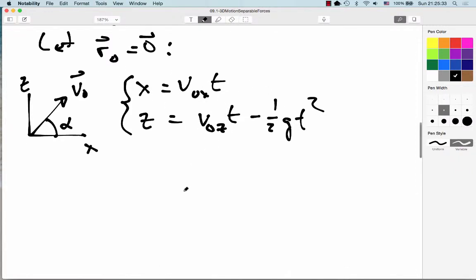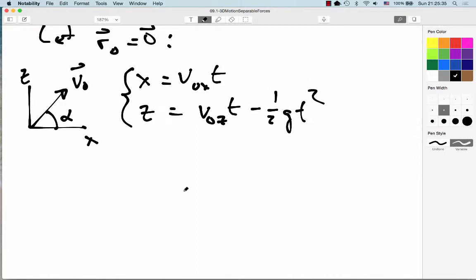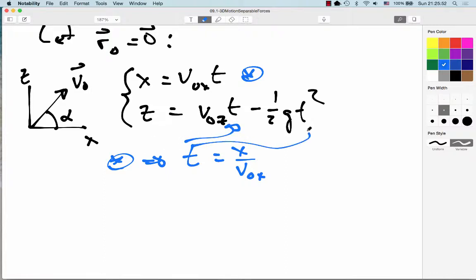It would be instructive, though, to see if we can figure out what kind of shape this is by eliminating time between these. So we can take this guy here and solve him for the time. We'll get t equals x over v naught x. We can then take that and stick it in there and there. All right.